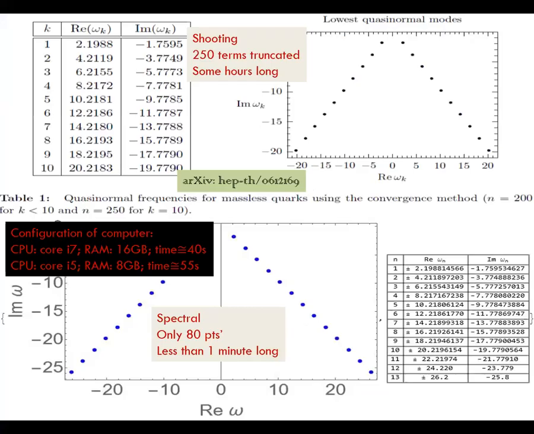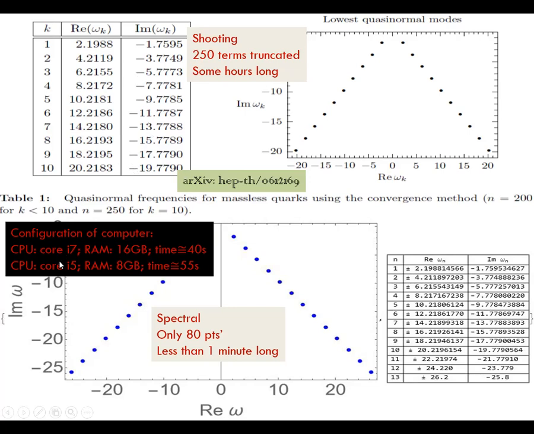As an example, I reproduce the quasi-normal frequencies of this paper, where they use the shooting method with the Frobenius series truncated at 215 terms, and spend some hours to find these 10 quasi-normal modes in mass scales.